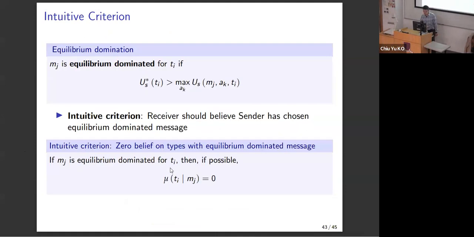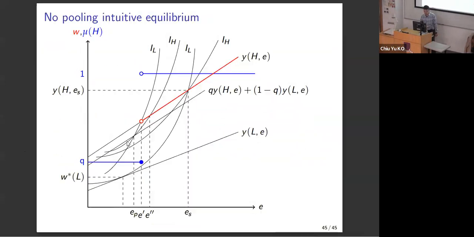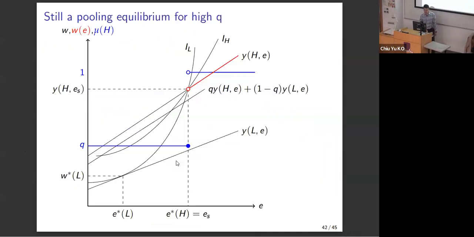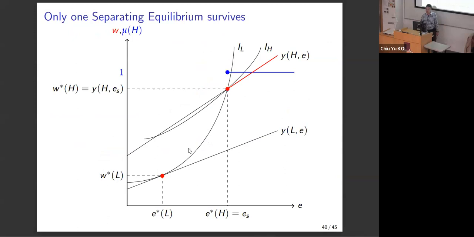Every time the argument is very confusing, but the idea is very simple, right? What you are left with is just this one, because we removed this one and that one. So it's the only equilibrium that survives. That's what we predict. At the end, we always have a separating equilibrium.